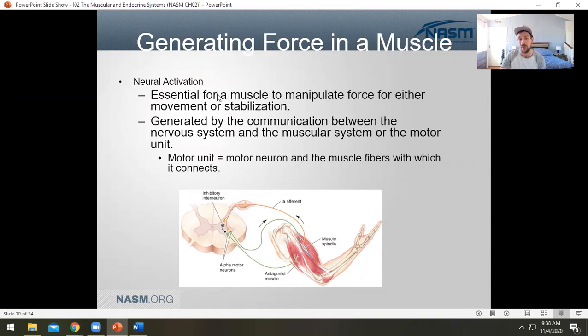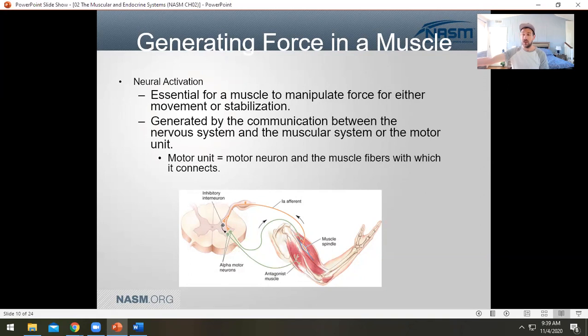Then that signal will travel from the brain back down the spinal cord, and some of it will travel to the muscle that you're trying to contract, and then another signal will travel to the muscle that you're trying to relax. That way you're not pulling on both sides of your bone, which would result in your arm not moving. So if I want this muscle to contract, I need this opposite muscle to relax.